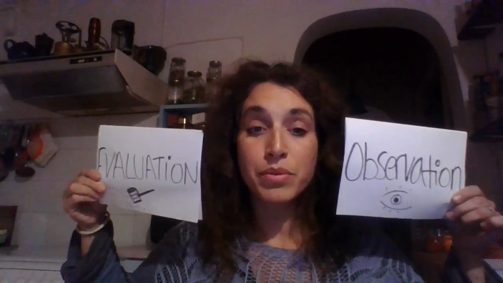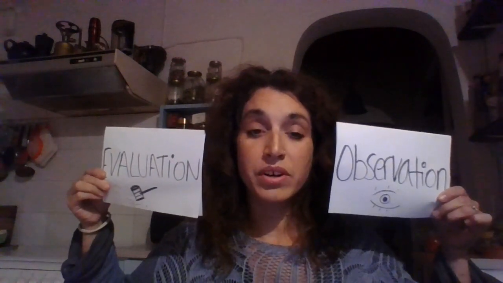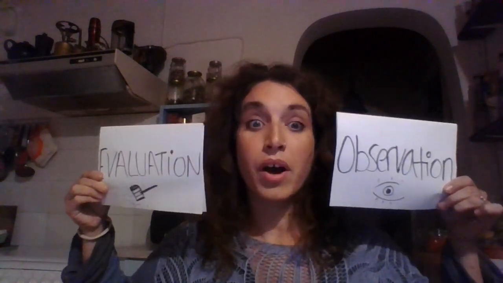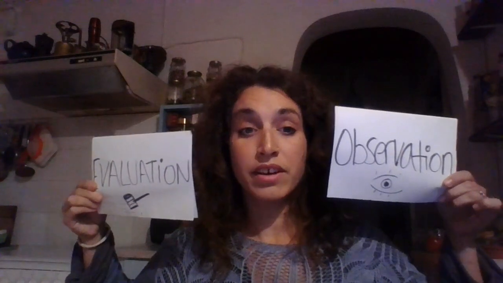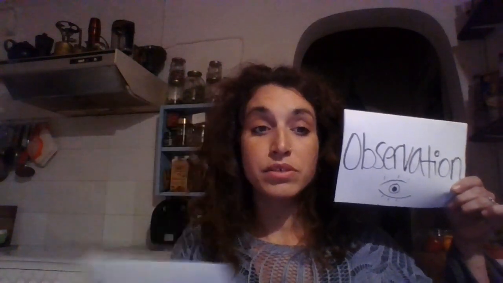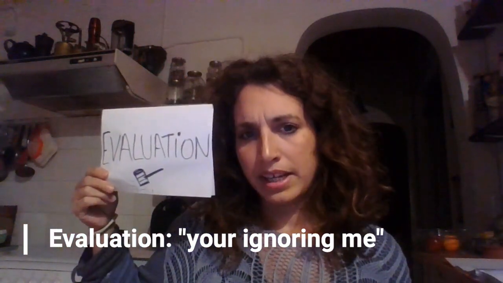And just to give you a bit more clarity on how this process works with the other 4 steps, I'm going to give you an example of how to turn your evaluation into an observation and follow on with your feelings and your needs. Now you're just ignoring me.